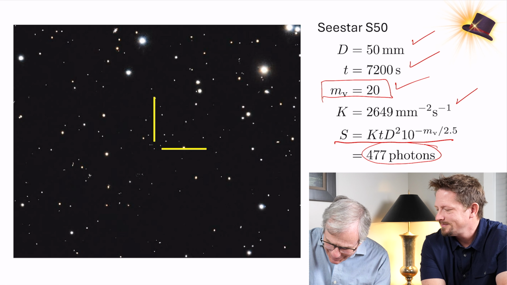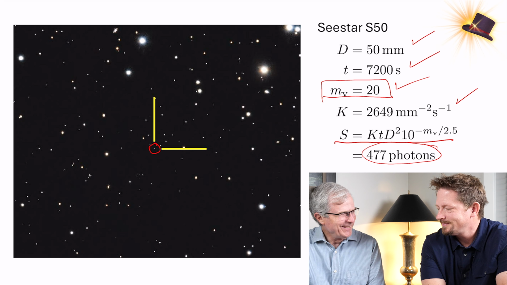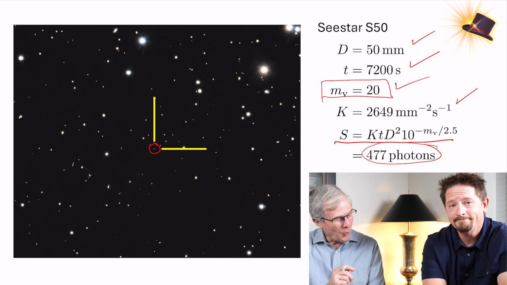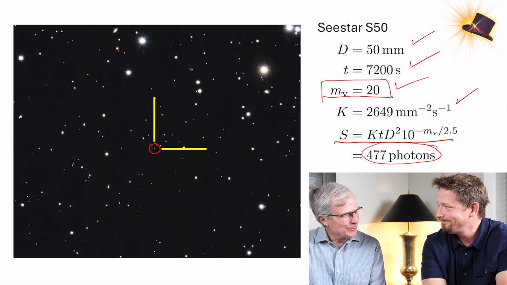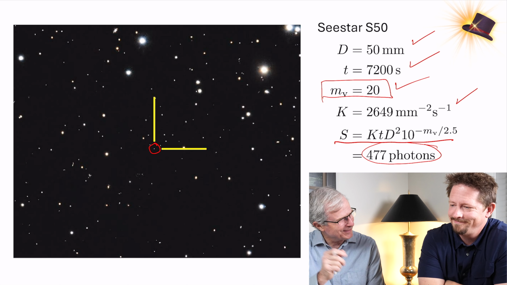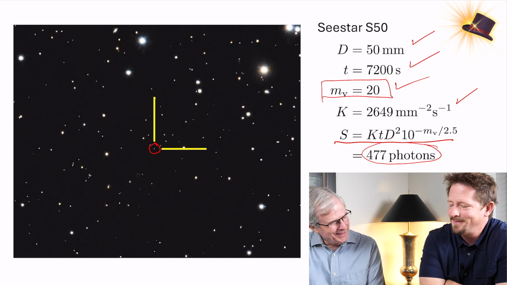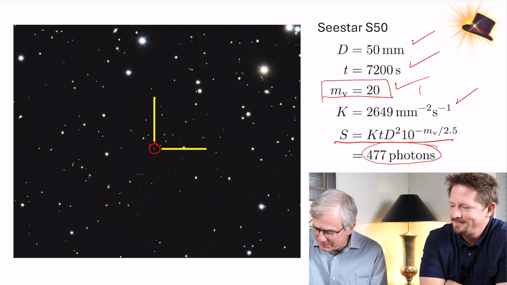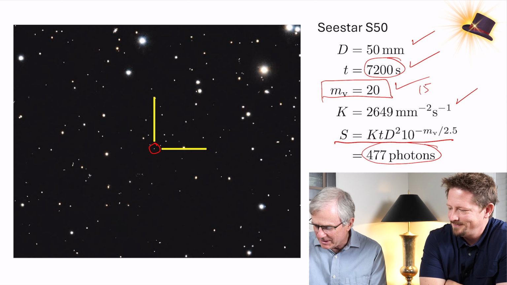So this little dot right here represents, over a 2-hour period, 477 little photons coming through our little Seestar camera. And I don't know, it just does something to me. We're talking about 7,200 seconds and 477 photons.